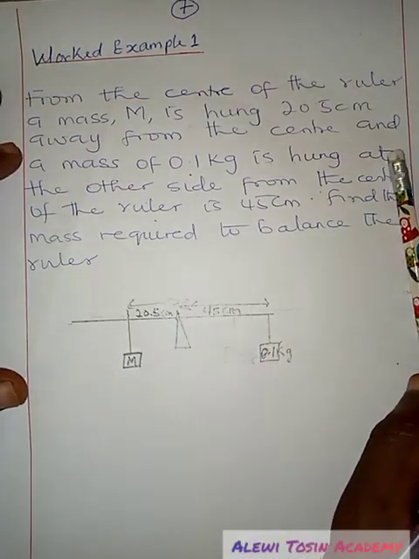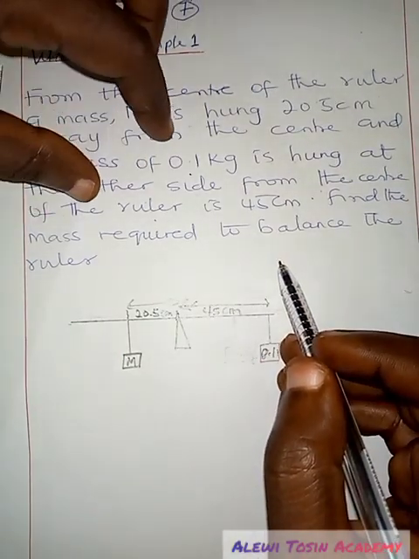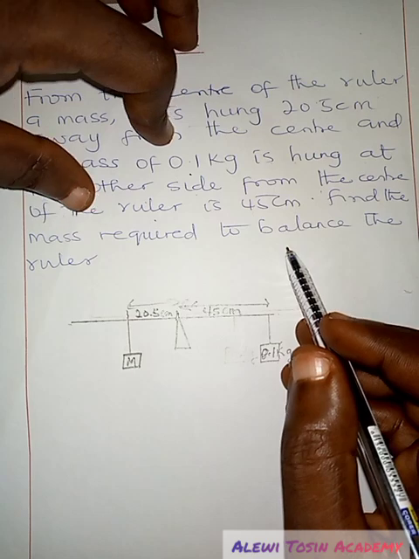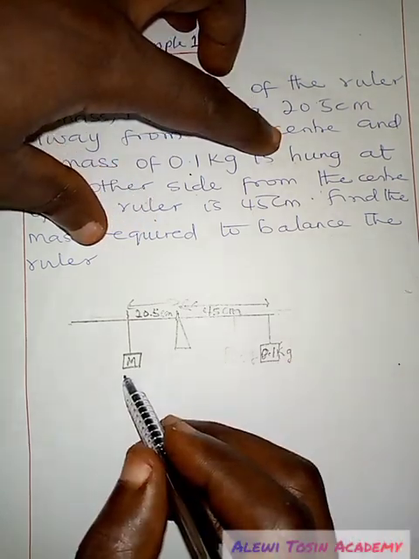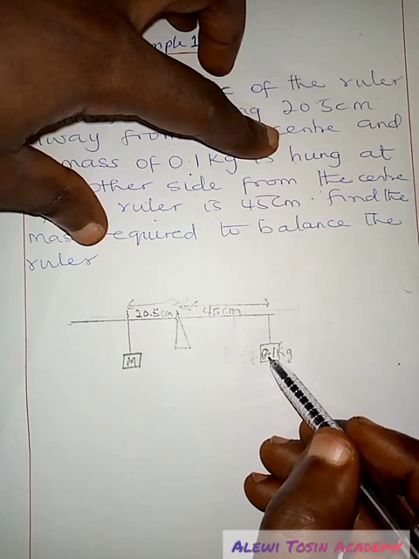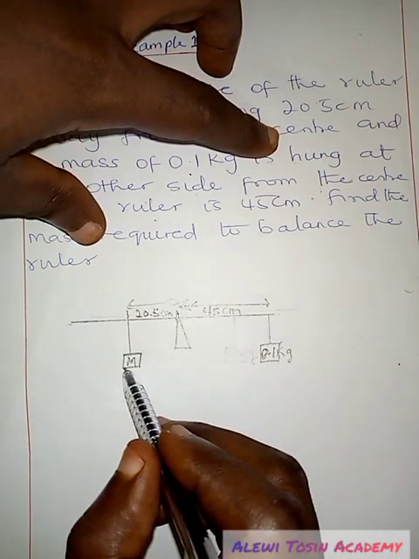Now the question goes thus. We are to find the mass required to balance the ruler, which means for this ruler to be balanced, which mass should we place here?